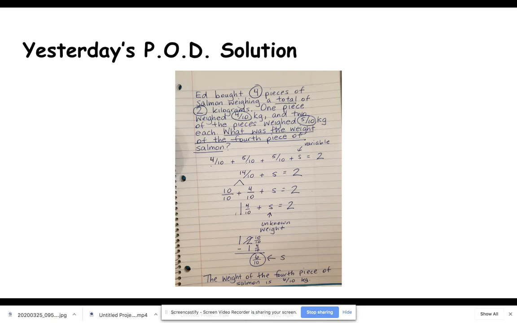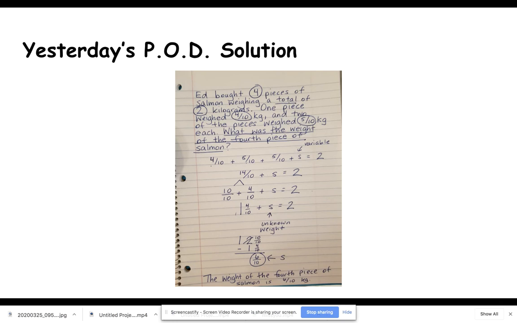In order to subtract 2 minus 1 4/10, I need to borrow 10/10 from that whole number 2. So 2 then becomes 1 10/10. So then I can say 1 10/10 minus 1 4/10 equals 6/10.